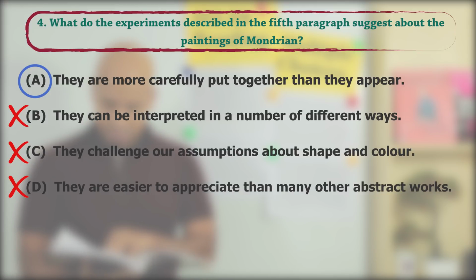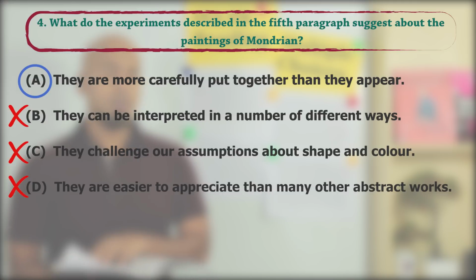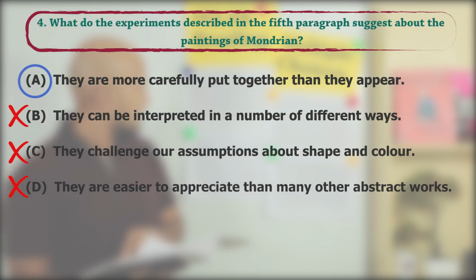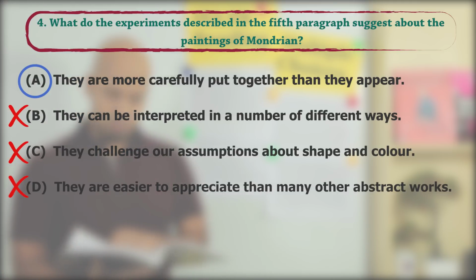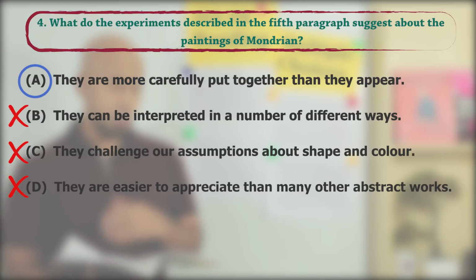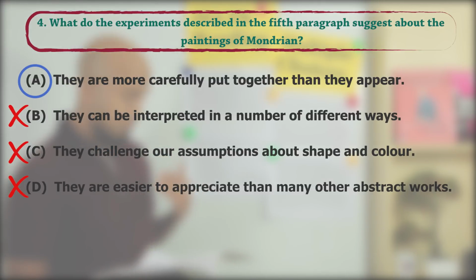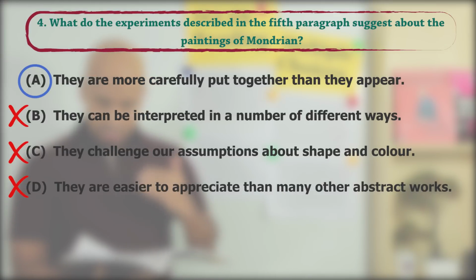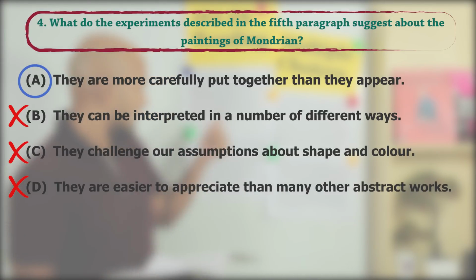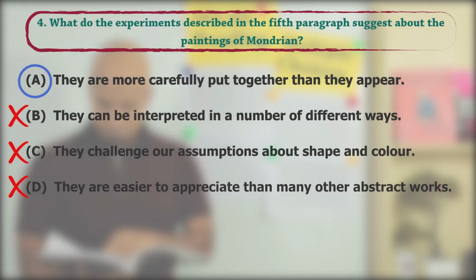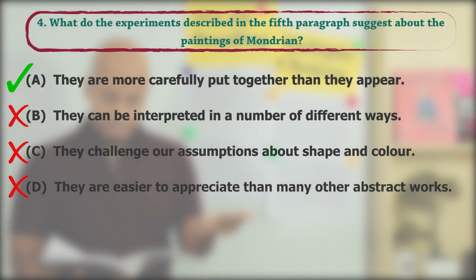Number B, they can be interpreted in a number of different ways. This is also, I think, not an option, because there was interpretation, but not in this way, a number of different ways. I didn't find any number of ways. So number A should be the number one choice.